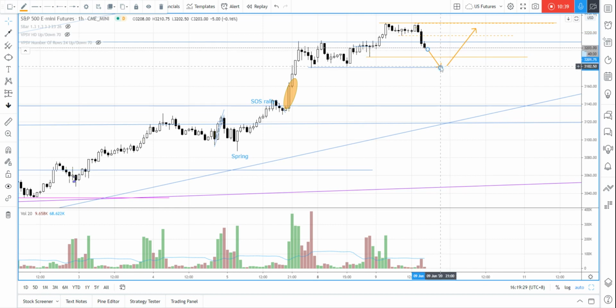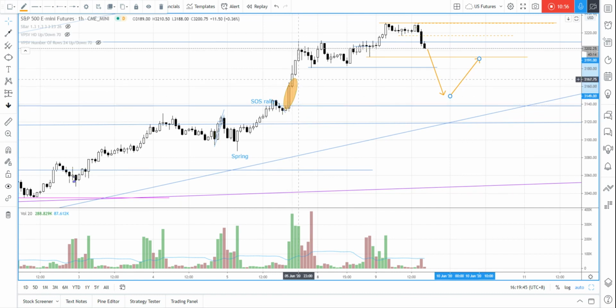But if we have a deeper test, then I think this level, which I mentioned yesterday, is still quite valid because this is where the breakout started on Friday. So this is 3130 to around 3165 or 70, somewhere around there. That's only provided we have a break of this range here and also a test of these breakout bars.